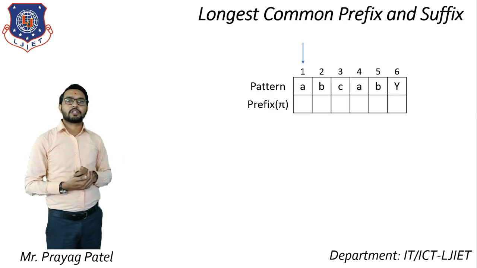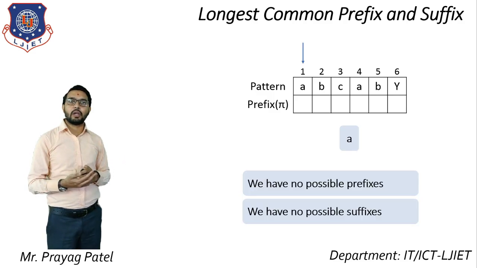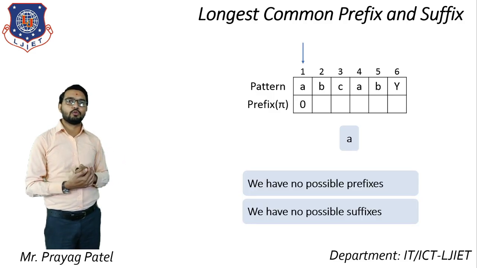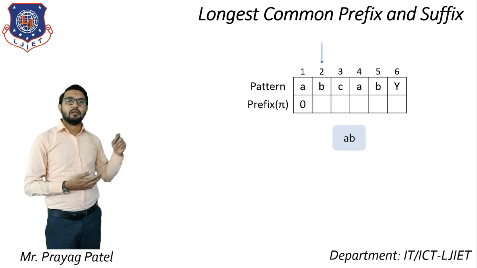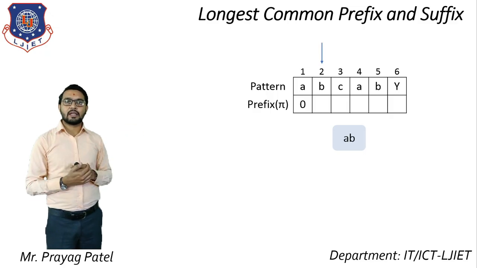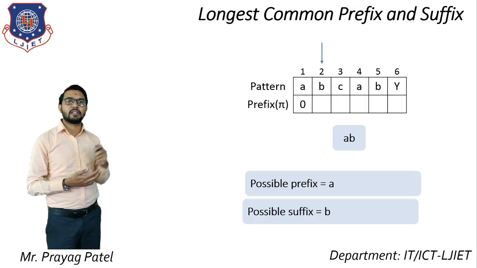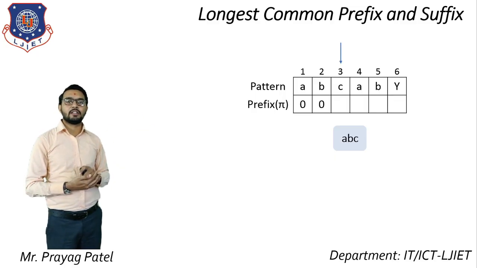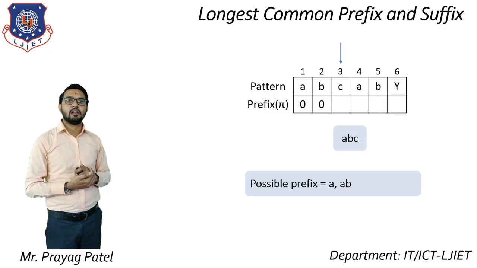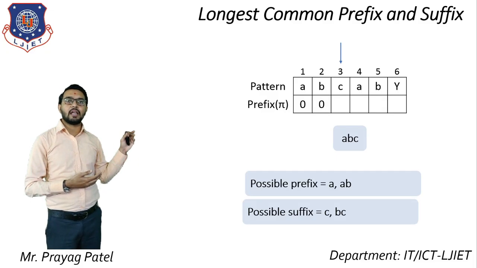So here consider the first character as A. For A there is no prefix or suffix, so the value is 0. Then for the second value, consider AB as your string, with prefix A and suffix B. No match, so consider 0. Now for the third, consider ABC as the string, with prefixes A and AB and suffixes C and BC.